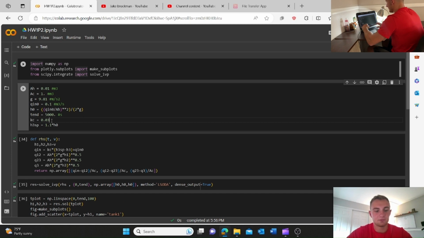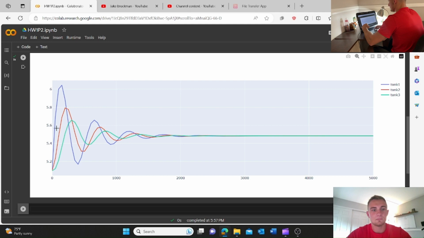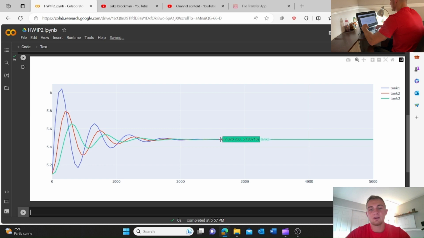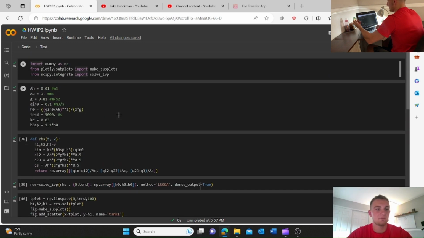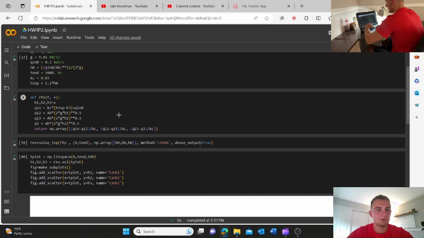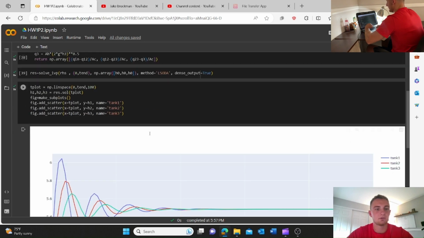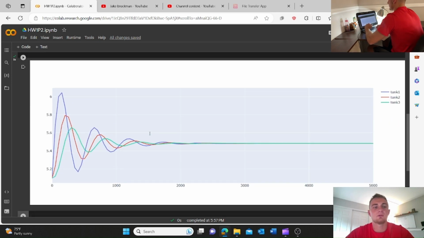Let's do 0.003 and see what happens here. When we did 0.01, we got to 5.35. Here we get to 5.48. But as you see, we have more of these oscillations. In the first homework, part 1, we knew the total height of the tank, but here, if our total height of the tank is 6 meters, then we're actually overshooting the tank before we can even hit that proportional control to correct it.